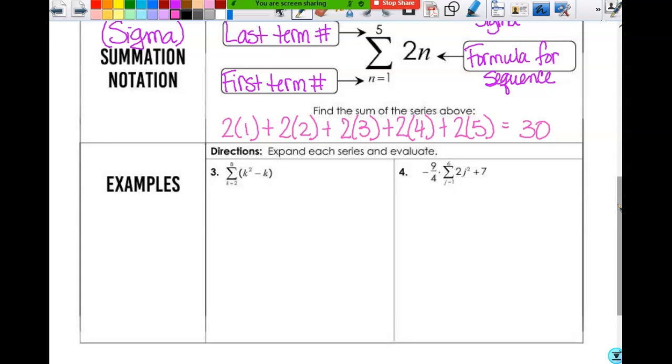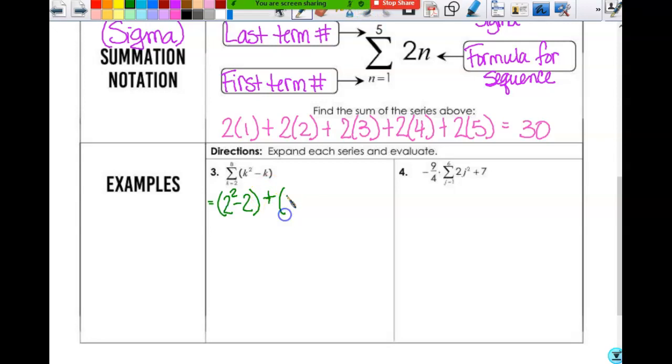Okay. So here it says expand each series and evaluate. So that expand means you have to actually write it down, then you can evaluate. So we're not starting with 1 here, we're actually starting with 2 and going to 8. So that's going to give me, I substituted in here, 2 squared minus 2. Oh, shoot, not equal, sorry.